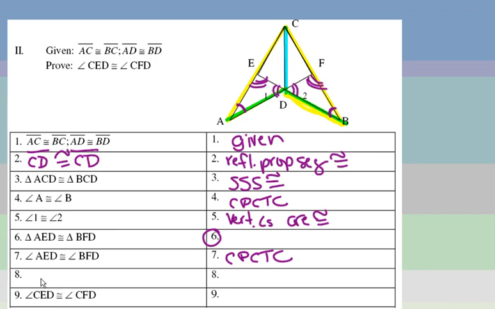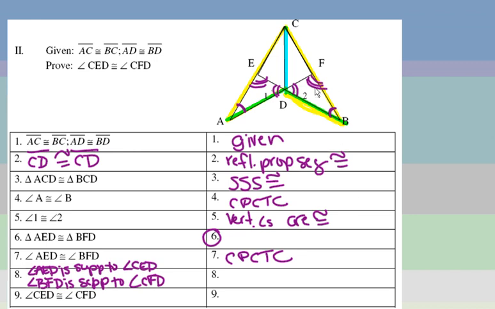And what it is I have, let me see, these two are a linear pair, therefore they are supplementary. So I've got angle AED is supplementary to angle CED, and I've got angle BFD is supplementary to angle CFD.